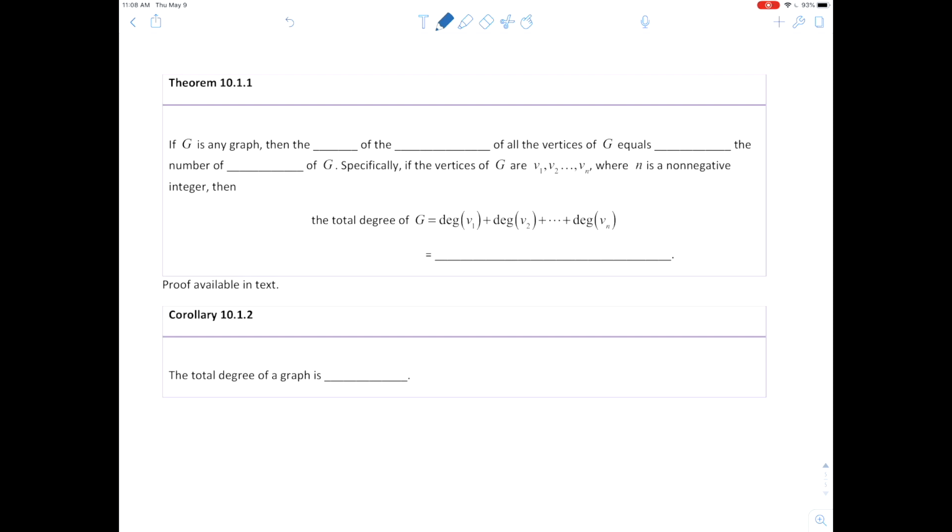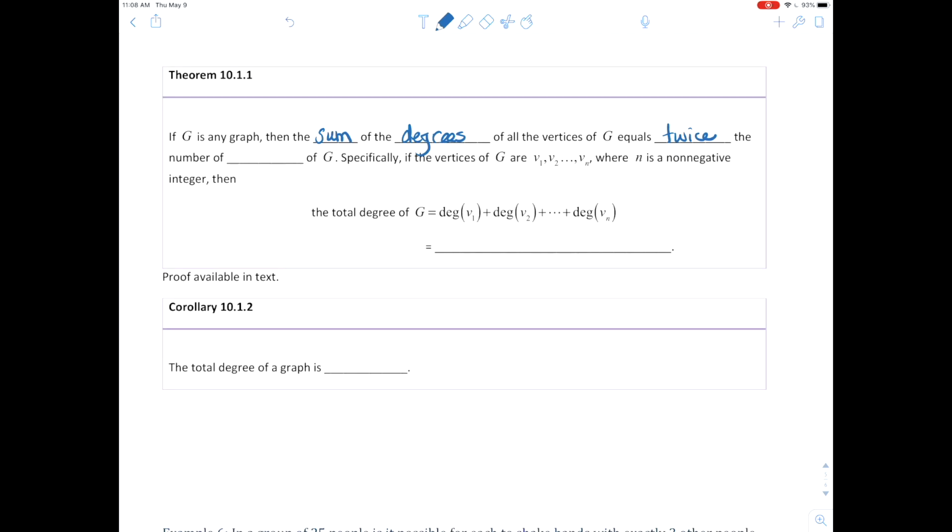So if G is any graph, then the sum of the degrees of all the vertices of G equals twice the number of edges of G. Specifically, if the vertices of G are V1, V2, all the way down to Vn, where n is a non-negative integer, then the total degree of G is equal to the sum of the degree of each vertex, which is twice the number of edges.